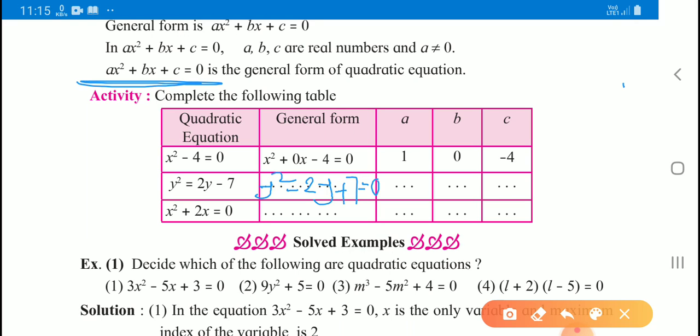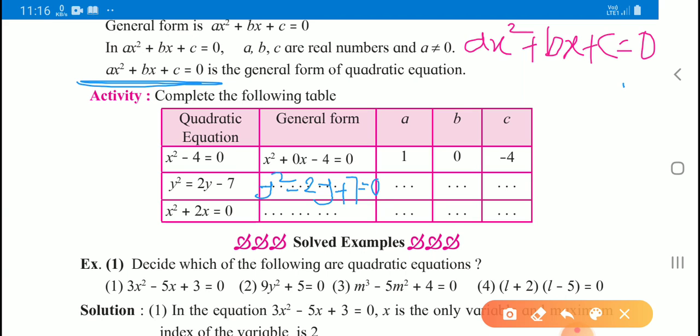Now we will see the coefficients of this variable y. Here you can write the general form as ax square plus bx plus c is equal to 0.